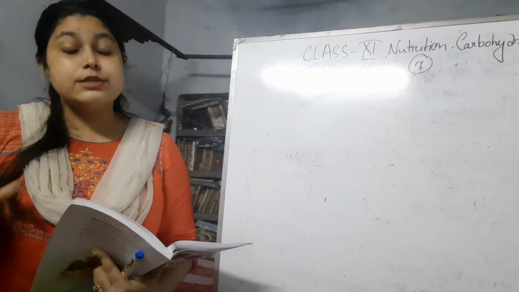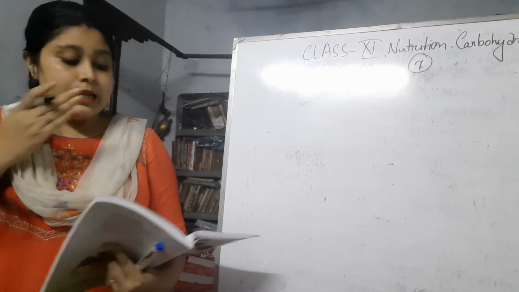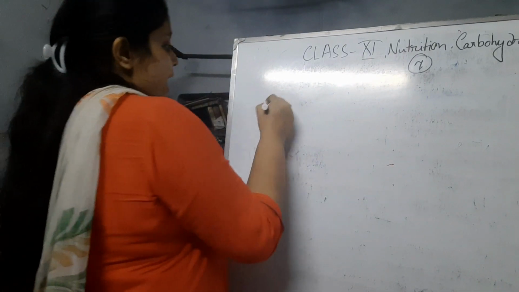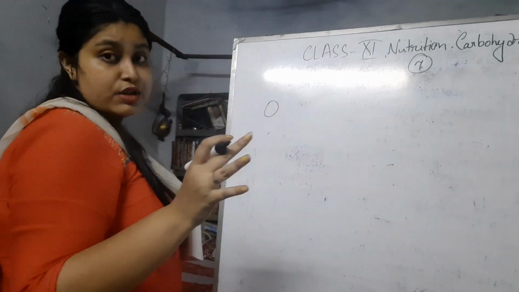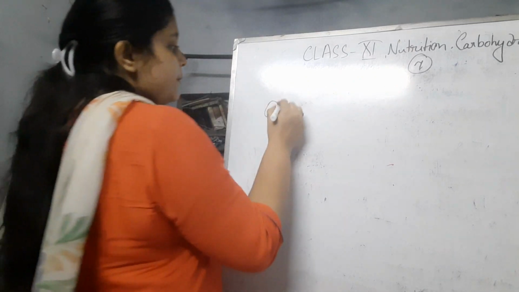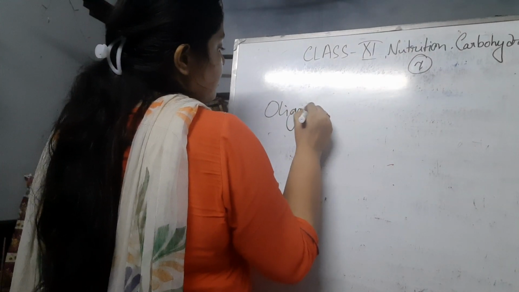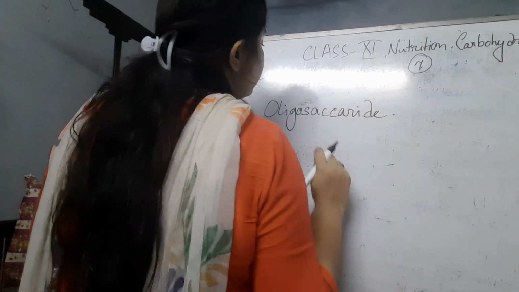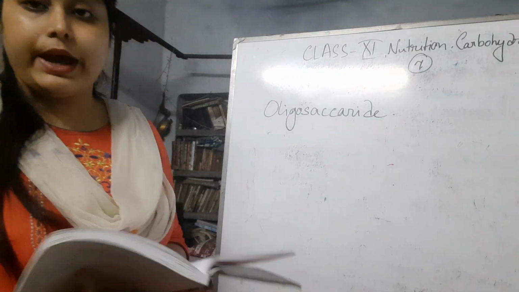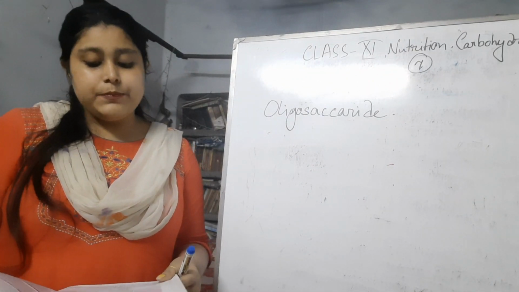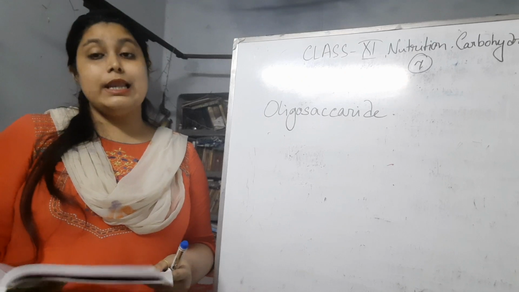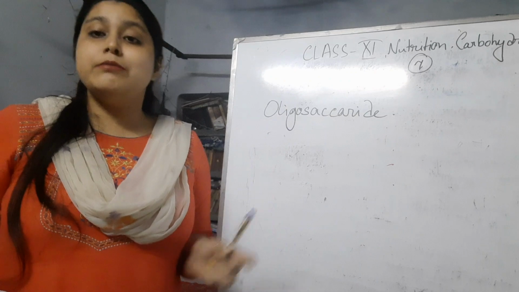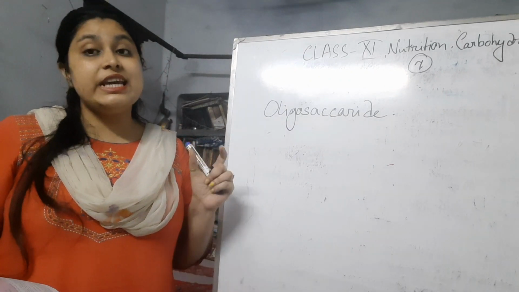So we learned the structures of the disaccharides. Now we are going forward with the oligosaccharides. Actually in your syllabus, the structure of the oligosaccharide is not present, but still we have to know what an oligosaccharide is. It is composed of more than 2 but less than 10 sugar units joined together by the elimination of water in each case.